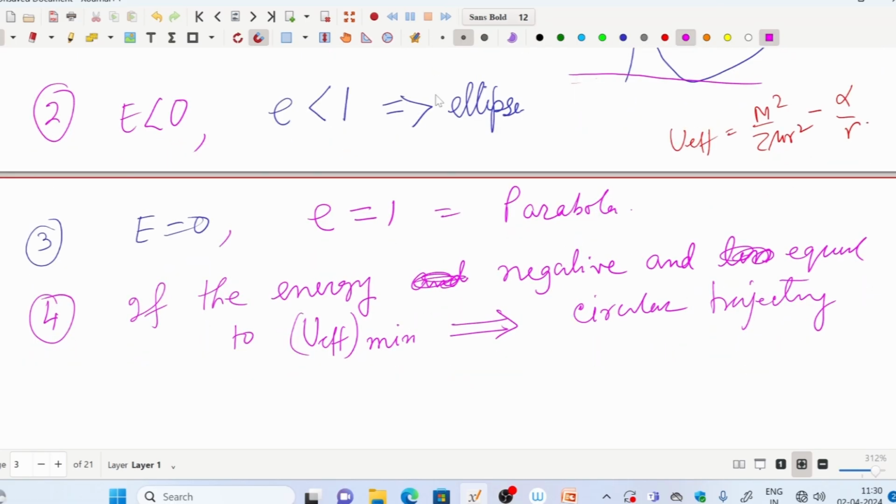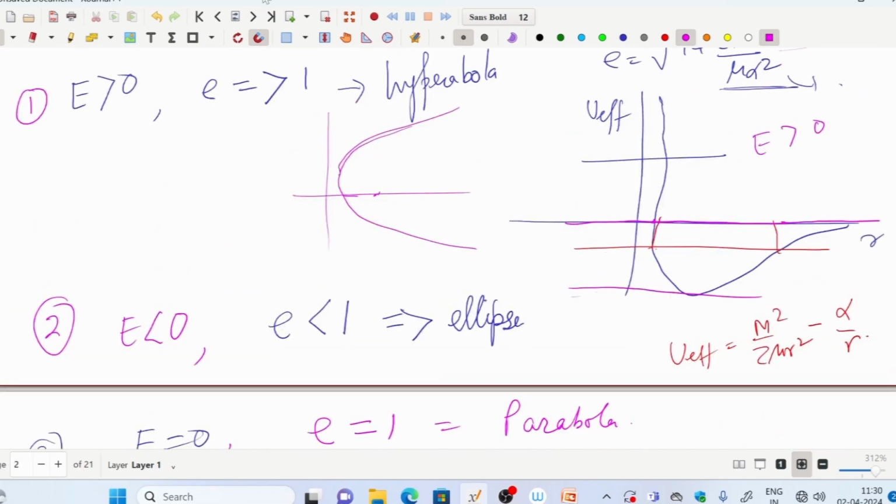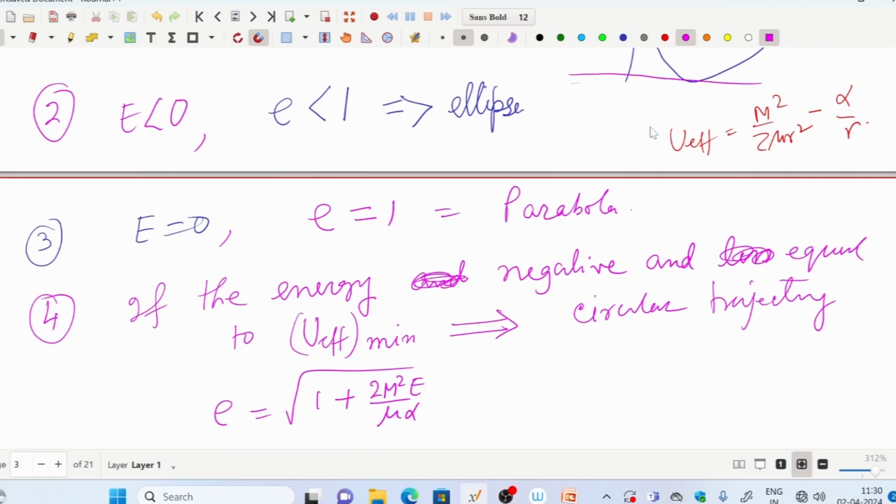So, what will happen in our eccentricity formula? Just recall, this eccentricity was the root of 1 plus 2 m square E by mu alpha square. For circular motion eccentricity should be 0.